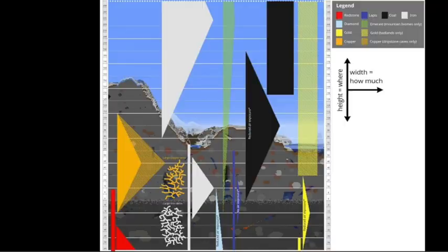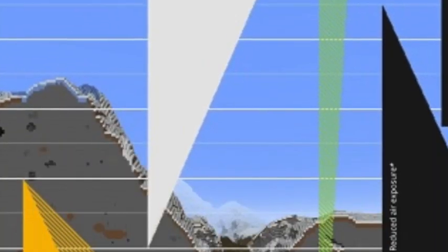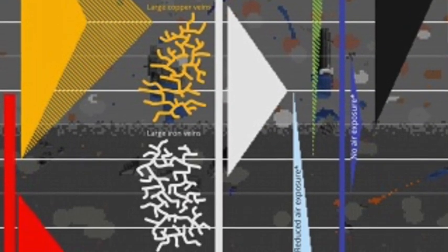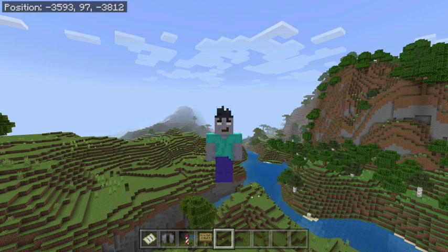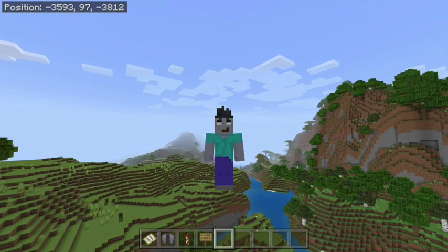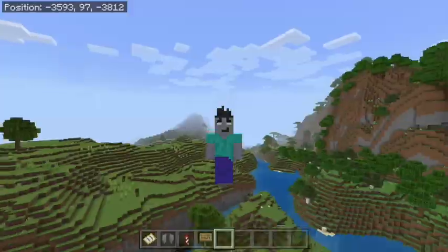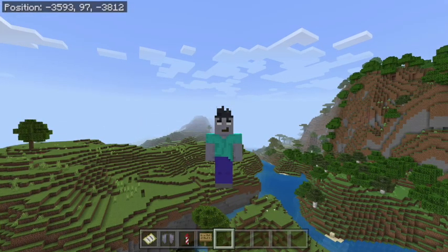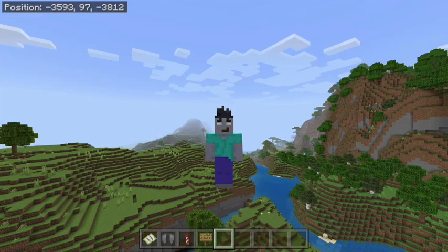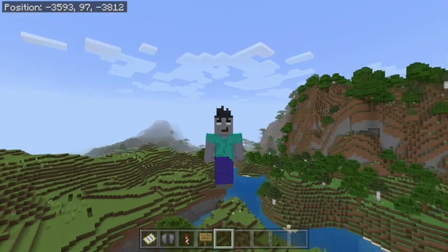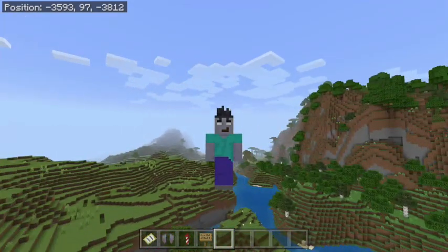Then we have iron ore here, and iron spawns basically everywhere, and it is also going to be a good one to find in those ugly stone mountains because it has a lot in high places. For air exposure, iron ore does not have any minimized air exposure whatsoever, so you're going to find a lot caving if you go caving.